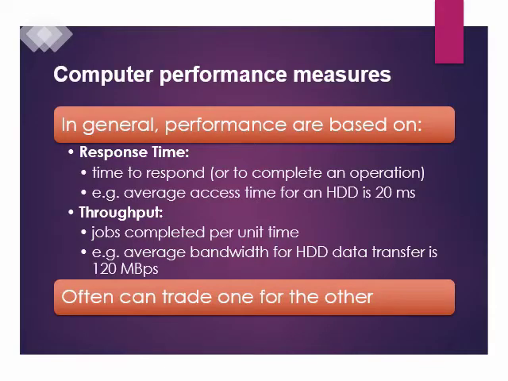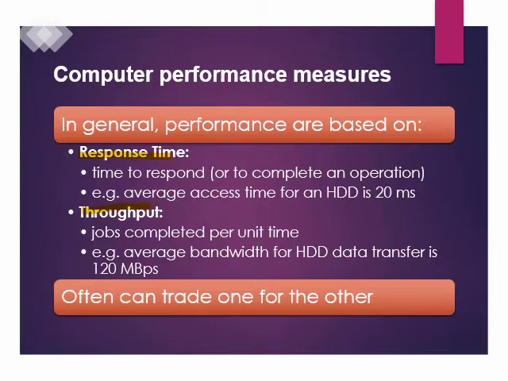When we talk about computer performance, in general we base it on two criteria: response time and throughput. Response time is how much time is needed to complete an operation. And throughput is how many jobs get completed in one unit of time.